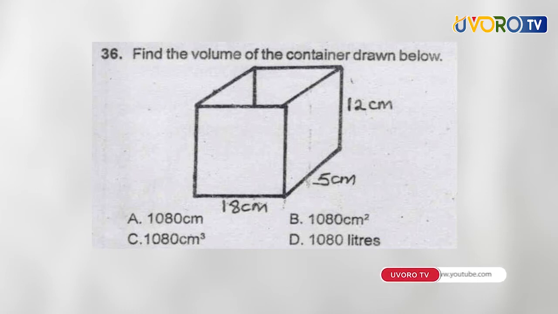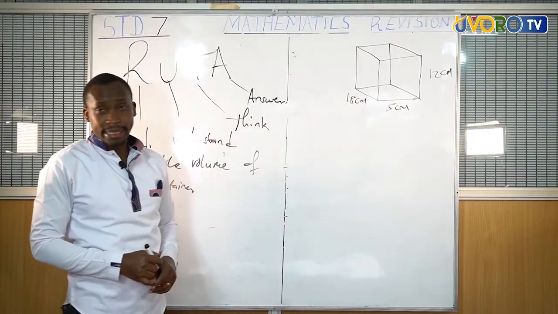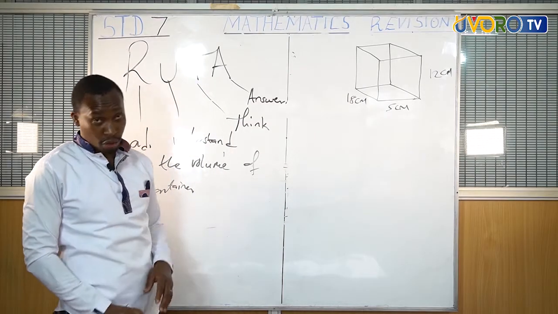This is 12 centimeters as the height. We have 5 centimeters as the width, and 18 is the length. Now, we are told to find the volume of the figure below.